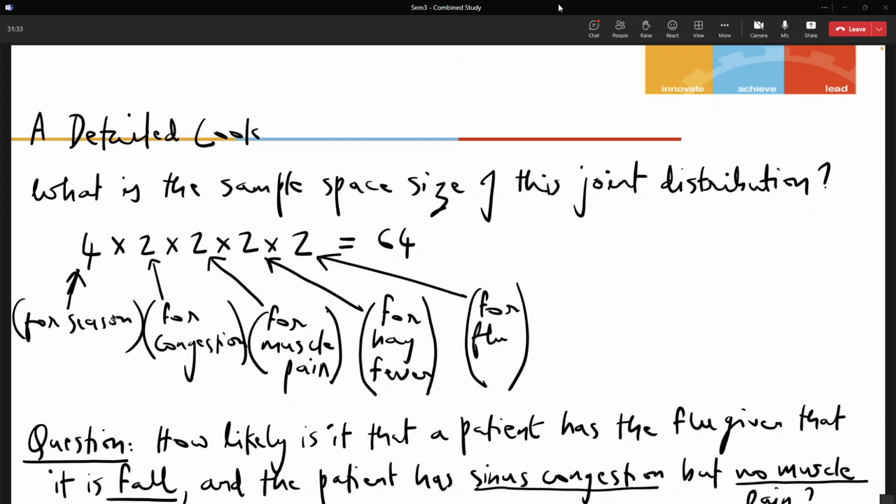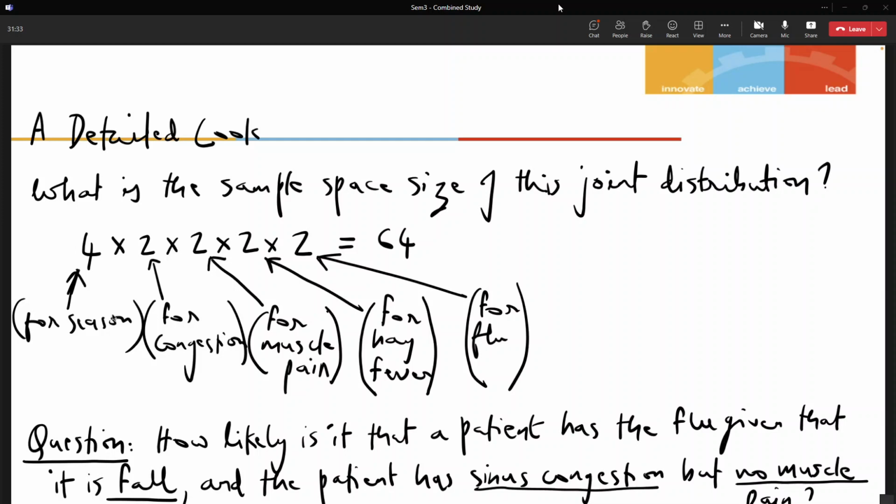So when I'm calculating the sample space, it would become 4 into 2 into 2, if you remember that particular graph, right? Because season is related to flu and flu is related to congestion and muscle pain. So the calculation would be 4 into 2 into 2 into 2. This 2 would be eliminated, so that is 32.